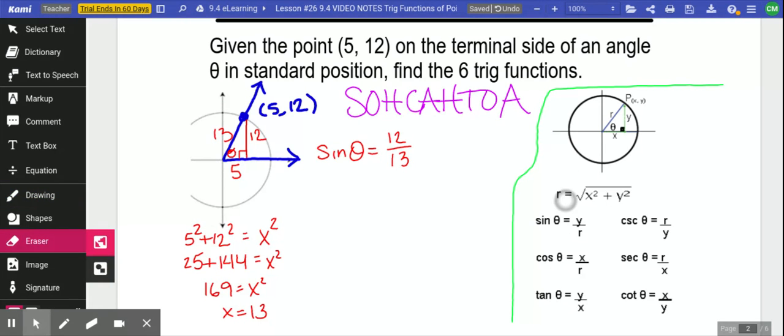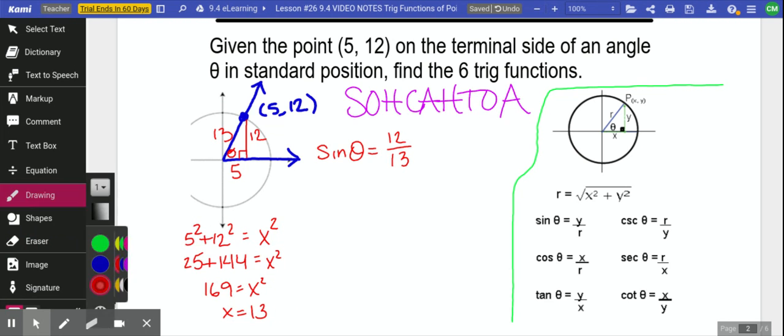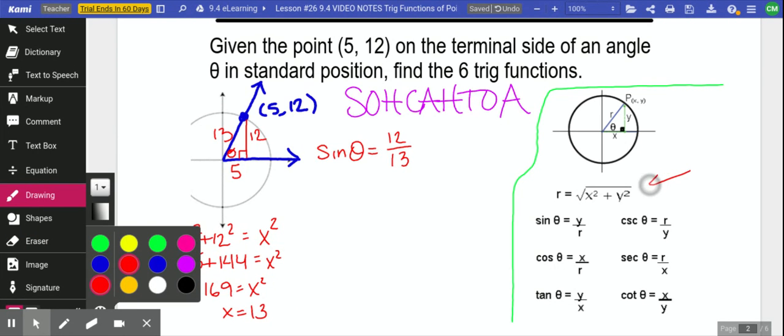Here's our radius right here. This is r, our radius of our circle. And we got that by doing a squared plus b squared equals c squared. That's just the Pythagorean theorem. That's what we did to get 13. So that's nothing new. That's nothing fancy. This is just a squared plus b squared equals c squared to find the hypotenuse.